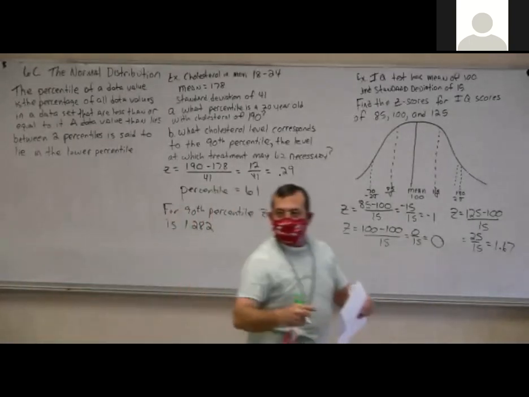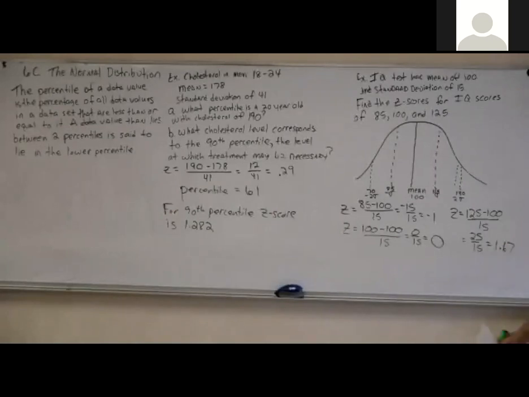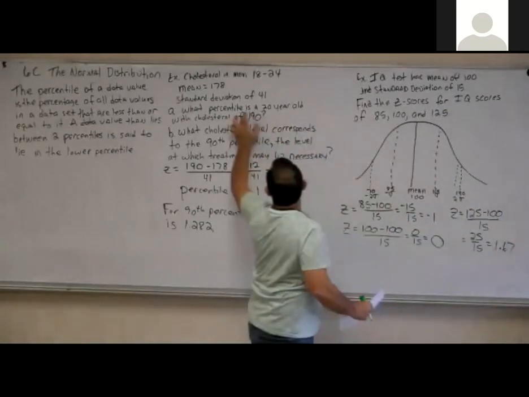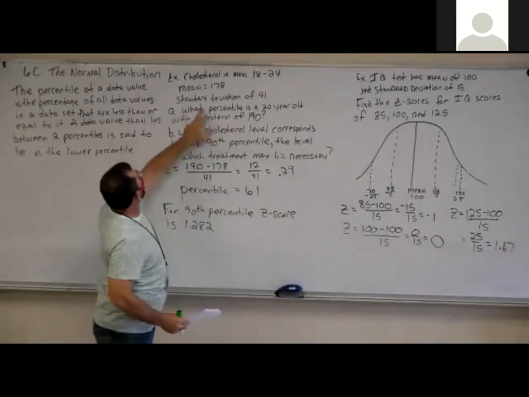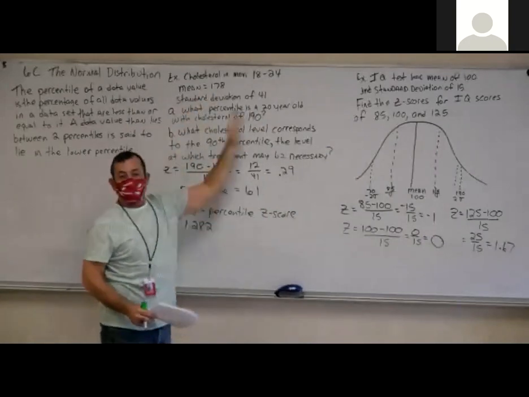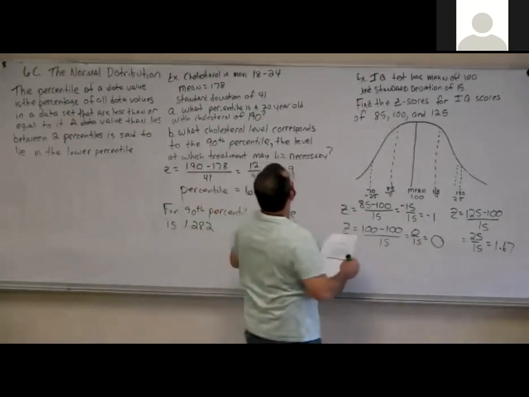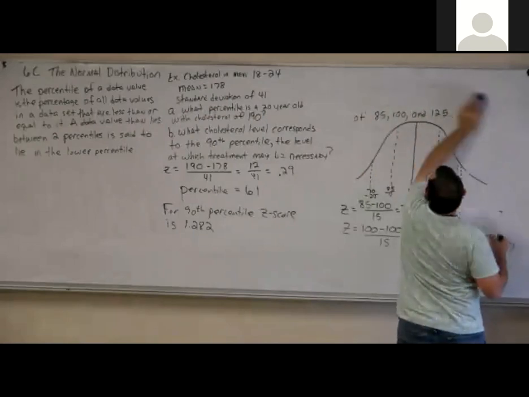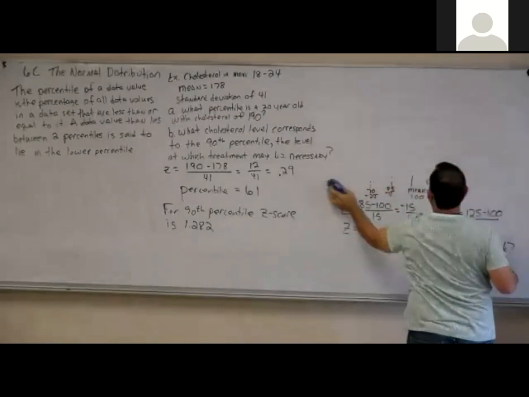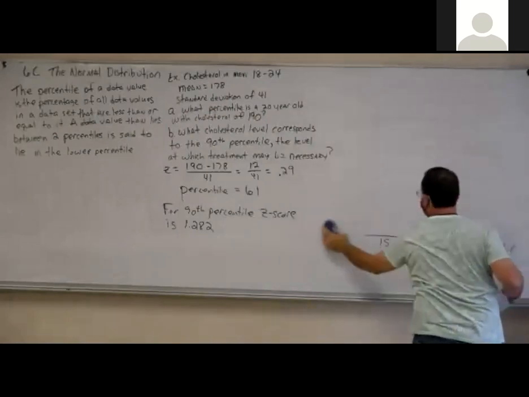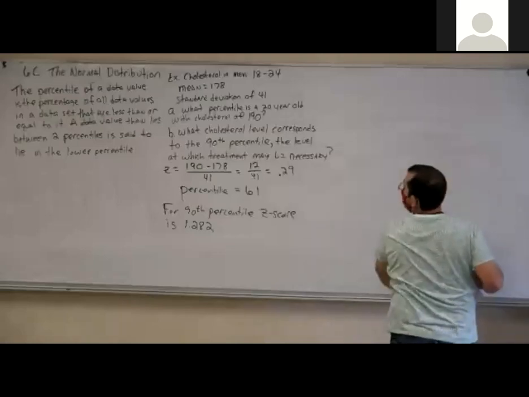So now we're going to work it in reverse because we're looking for one of these cholesterol levels, okay? Now we know our mean was 178, so it's going to be way higher than 178. What was my standard deviation? 41.